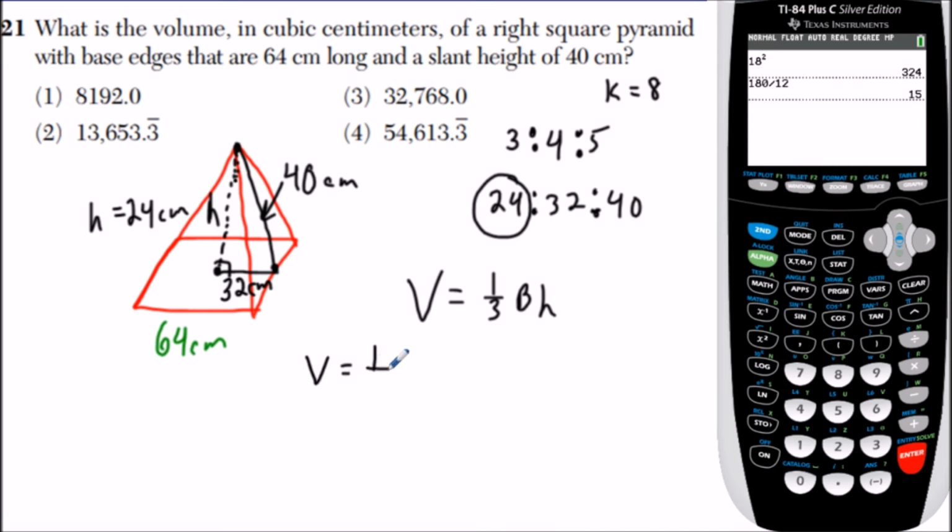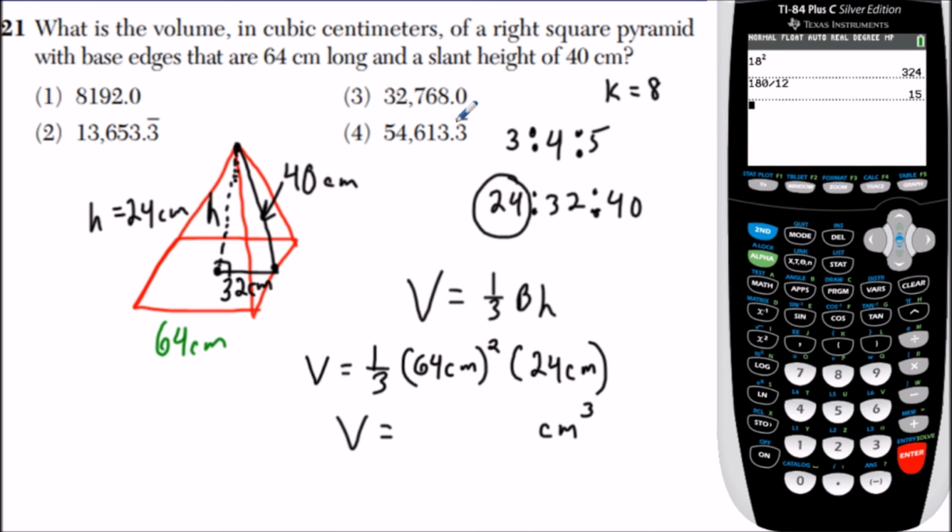So now we have 1/3. The area of the base, we're going to look at the original square pyramid. The area of the square base with side length 64 centimeters is 64 centimeters raised to the second power, and then the height we just solved for is 24 centimeters. So then the volume here, the units are going to be in cubic centimeters, and they have the decimal values here.